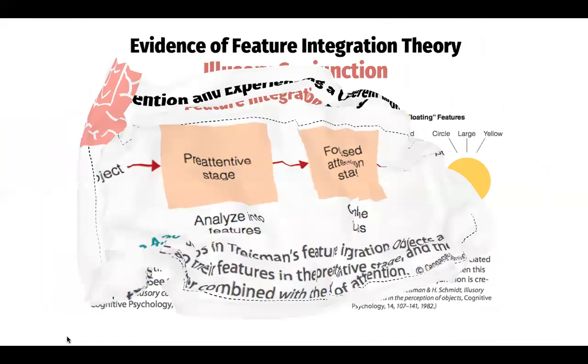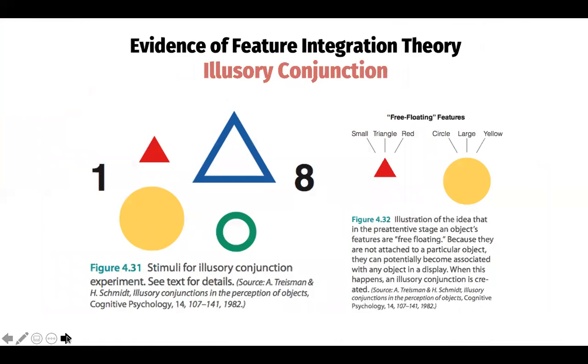All right, moving on to provide some perceptual evidence that objects are in fact analyzed into features. Treisman and Smith conducted an experiment that involved a perceptual effect called illusory conjunction, in which one object can take on properties of another object.